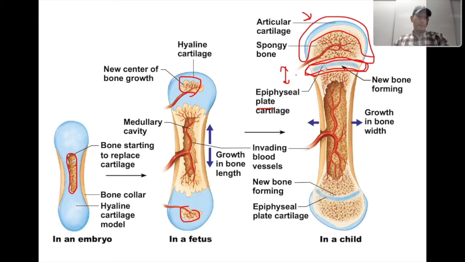And as you get older, 15, 16, 17, 18, 19, 20, eventually all of these cartilaginous cells also get replaced by bone. And when that happens, you have what's left over. It's called the epiphyseal line. It's the remnant. It's what's left over. It's all replaced by bone.